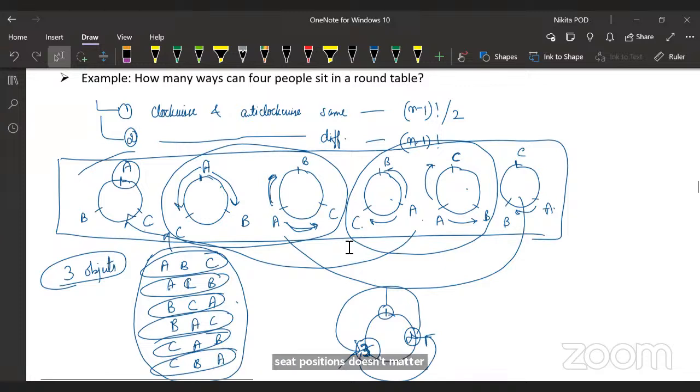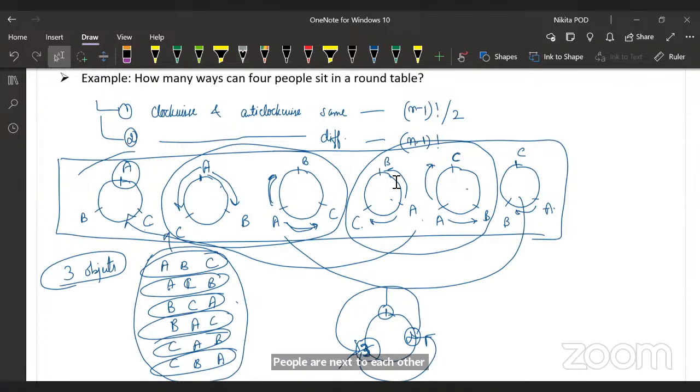The way you put 1, 2, 3, 4, 5, 6 in linear, here also put 1, 2, 3, 4, 5, 6 on a table. Then you have the positions where who is sitting where. We assign positions because in linear arrangement, positions matter, like who is first or who is second. But when we are talking about a circle, position doesn't matter. People are next to each other.